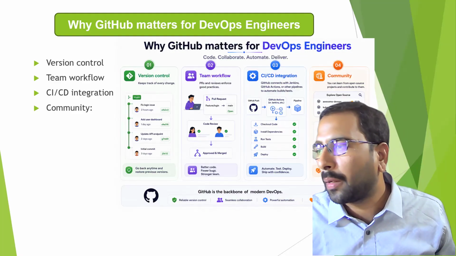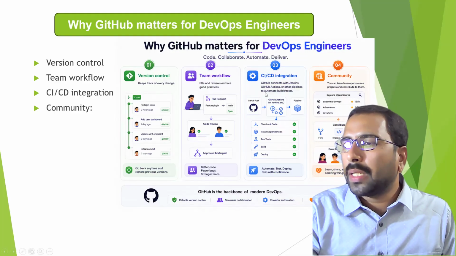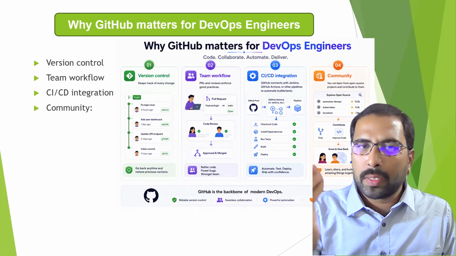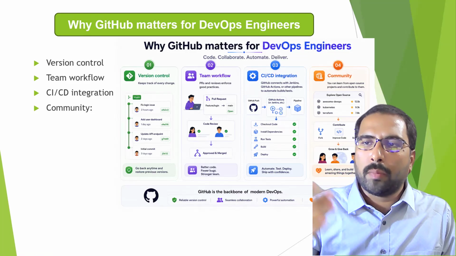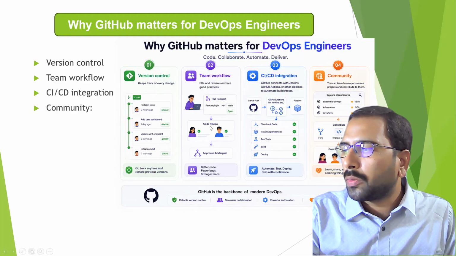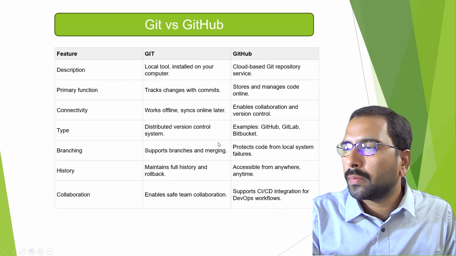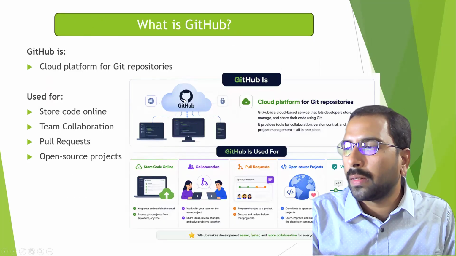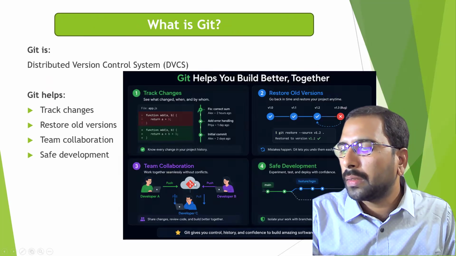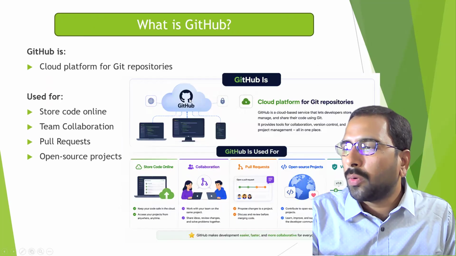Got it? Fine. And CI/CD integration is there. CI/CD integration is nothing but this: developers develop the code and push the code to the GitHub repository. I'll show you that GitHub repository. Here, see. Developers implement the changes and push the code to GitHub.